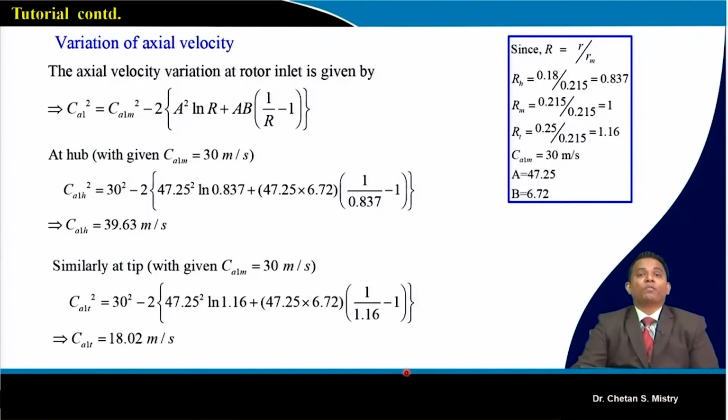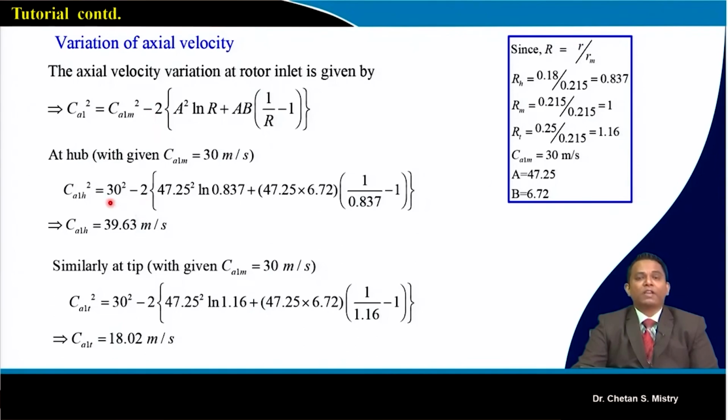Now we are looking at what is happening with our axial velocity. If you recall, we derived Ca1, which is my axial velocity at the entry. We have correlated it in terms of our axial velocity at the mid station and constants A, B and R, where R is at a particular location. If I am looking for my axial velocity at the entry near the hub, I put in these numbers.